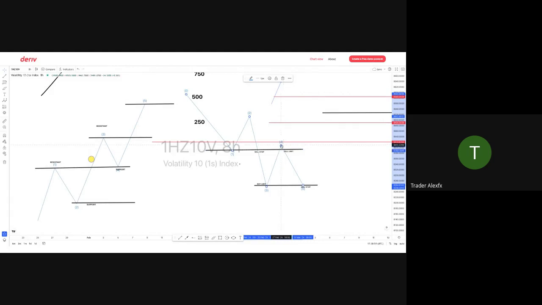So if you are entering your sell limit here, your stop loss should be above this zone. Because indirectly, it's not retesting this zone again. It is breaking inside the zone again, and once there's a break of zone, it means that it's going in that direction. So if it breaks inside the zone again, it's telling you that the price of the market is going up again. Do you understand what I'm trying to say?